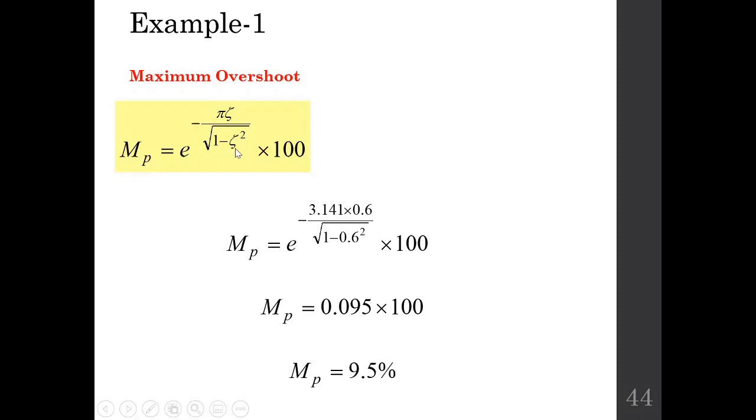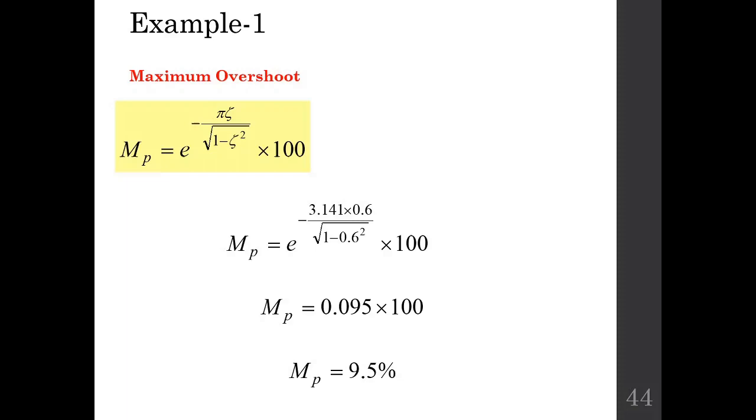So putting the value of zeta in this equation, we found maximum overshoot equals 0.095, which in terms of percentage is 9.5%. So the maximum value of the system will be greater than 9.5% of the final value.